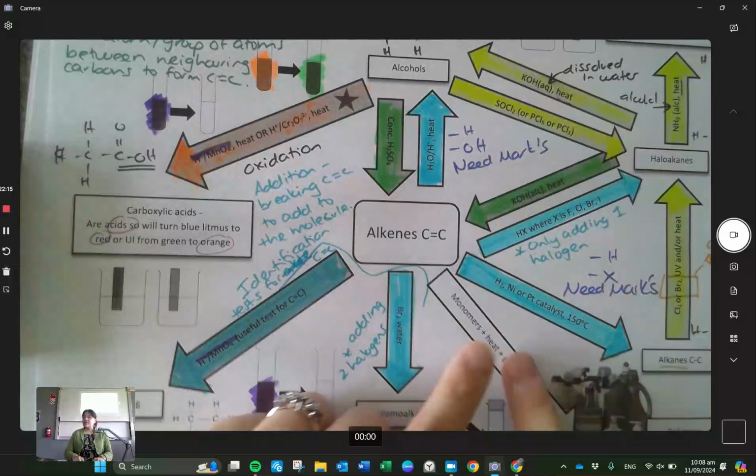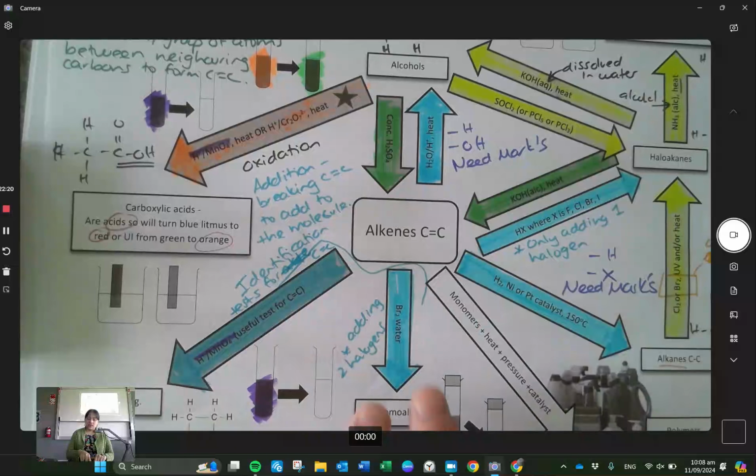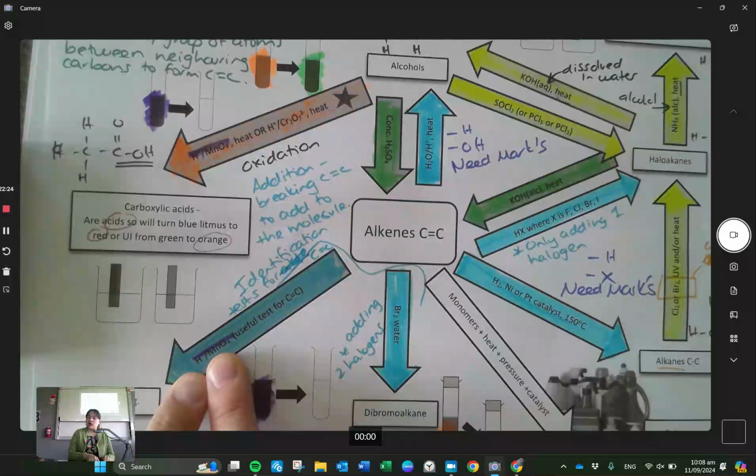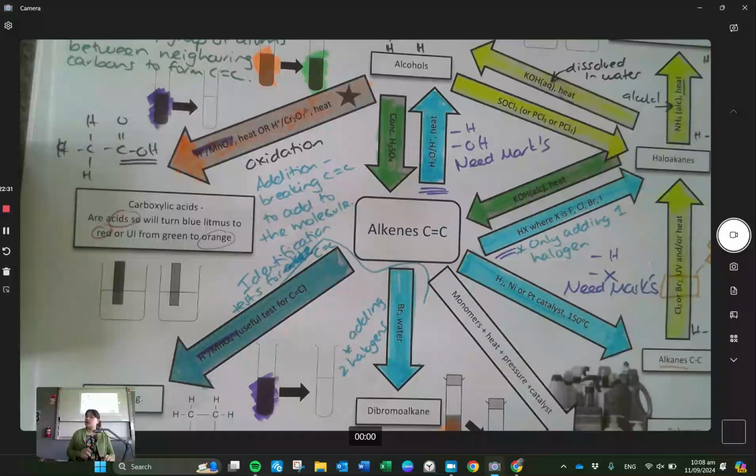Okay? This one doesn't need Markovnikov's rule because it's adding 2 hydrogens. This one doesn't need Markovnikov's rule because you're adding 2 halogens. This one doesn't need Markovnikov's rule because you're adding 2 alcohols. So you're only using Markovnikov's rule here and here. Everywhere else, you don't need Markovnikov's rule.